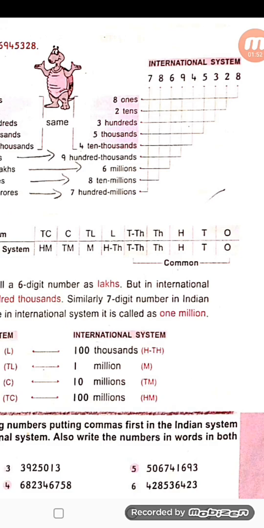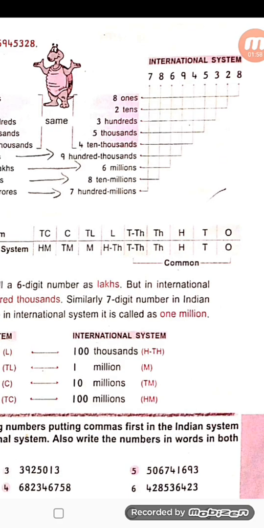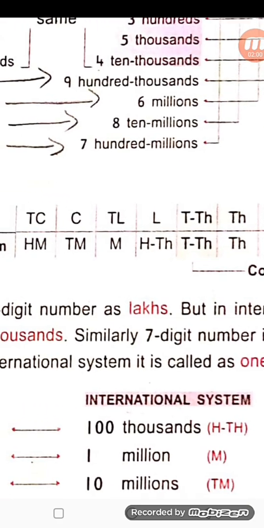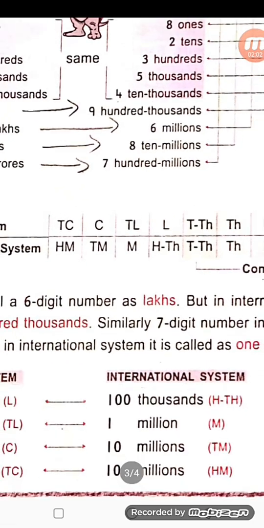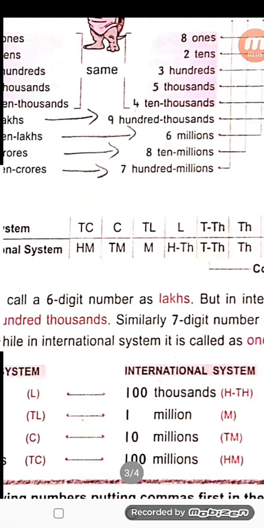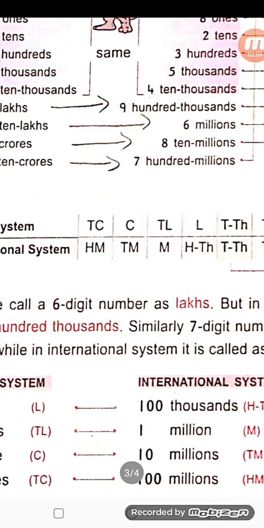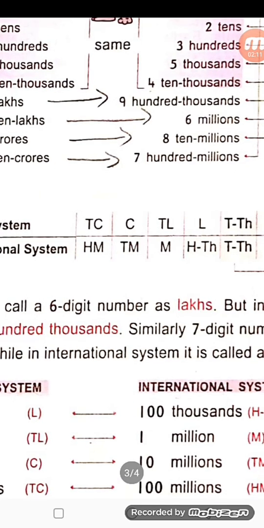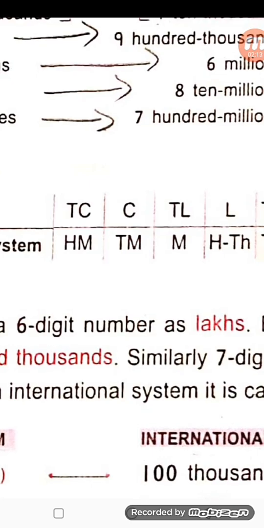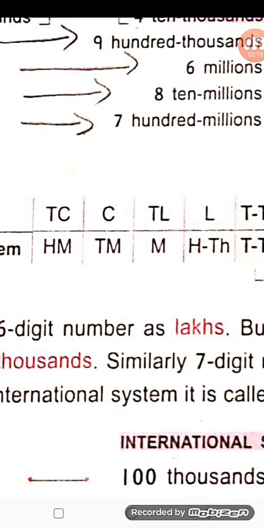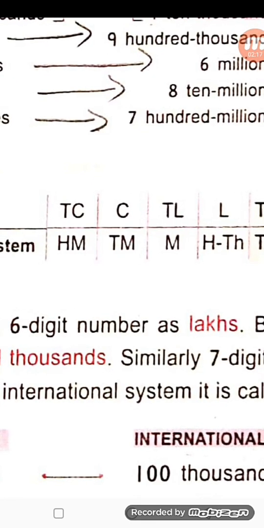Up to 10,000 both systems are equal, but a lakh of the Indian system becomes 100,000 of the international system. 10 lakh becomes a million. Crore becomes 10 million.